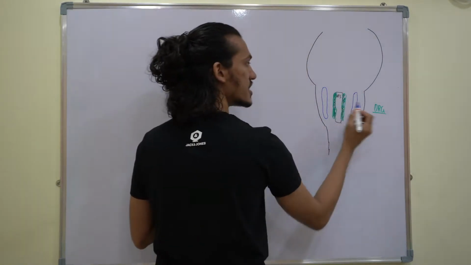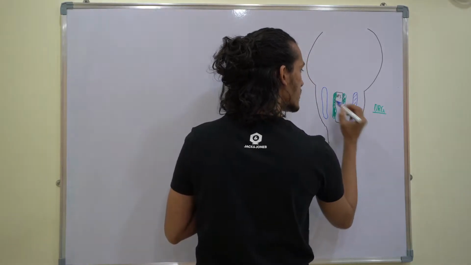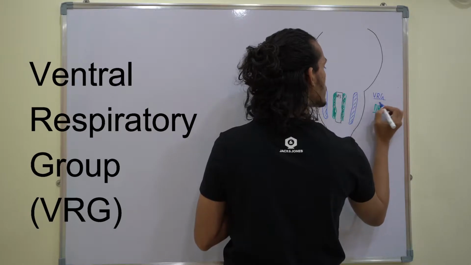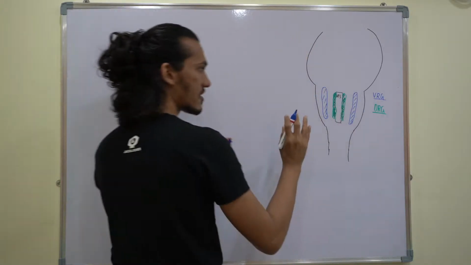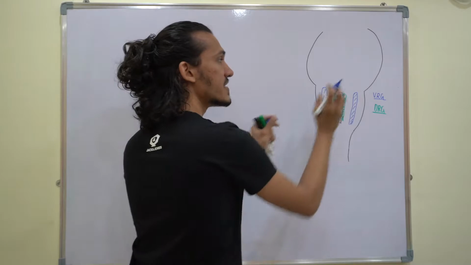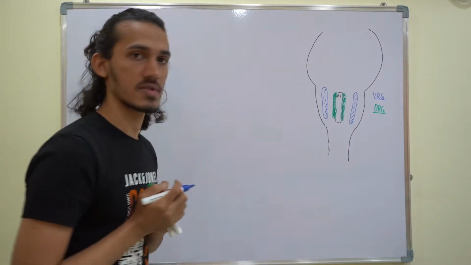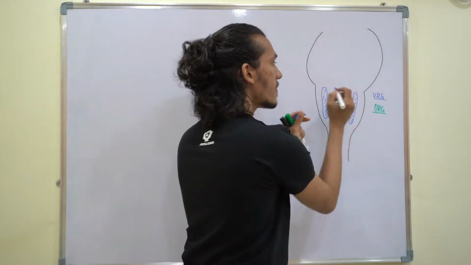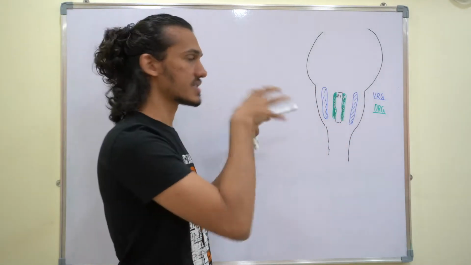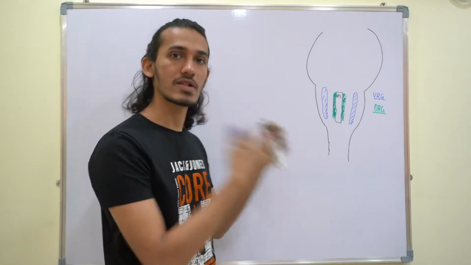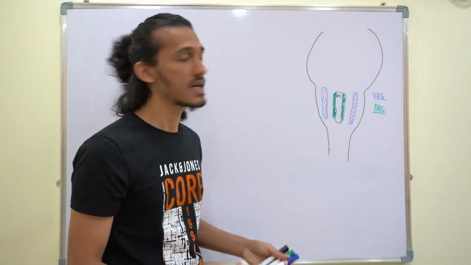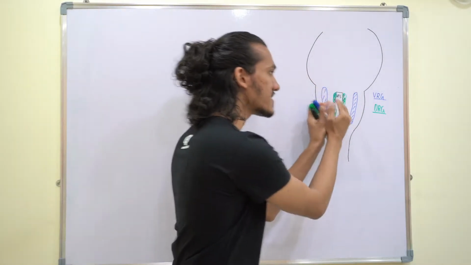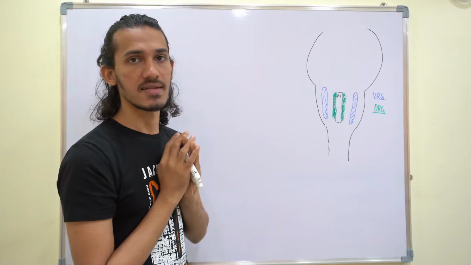So this is the DRG, and over here we have the VRG, the ventral respiratory group of neurons. This is where your pacemaker potentials are generated in respiration, as we saw last time. So that is your medulla, with the dorsal and the ventral group of neurons.